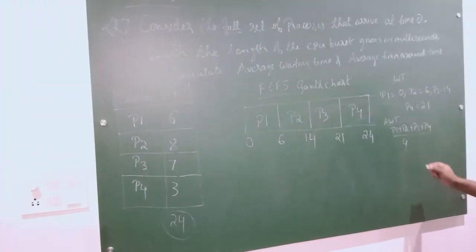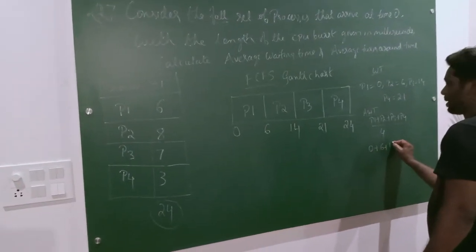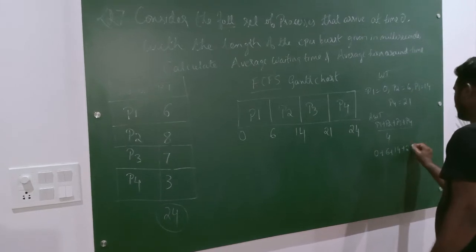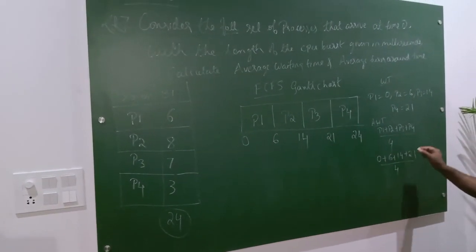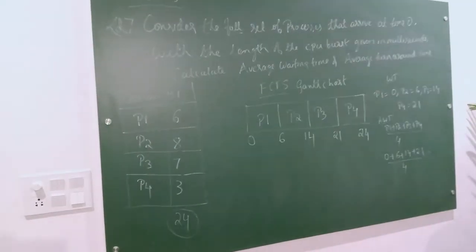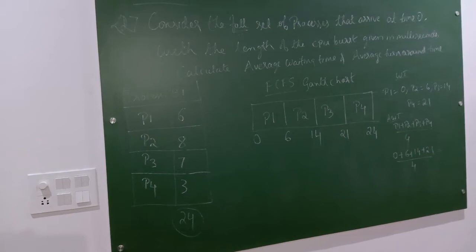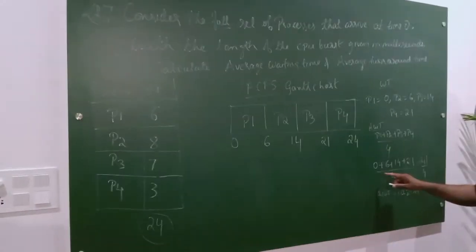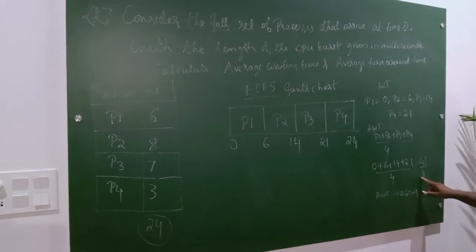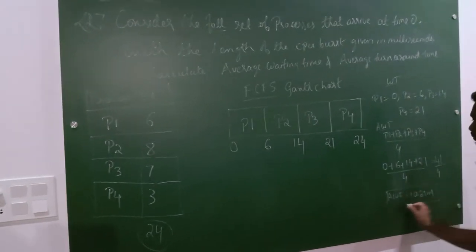If you calculate 0 plus 6 plus 14 plus 21 divided by 4, how much you will get? I will just calculate. If you add, you will get 41 divided by 4. So the average waiting time is 10.25.